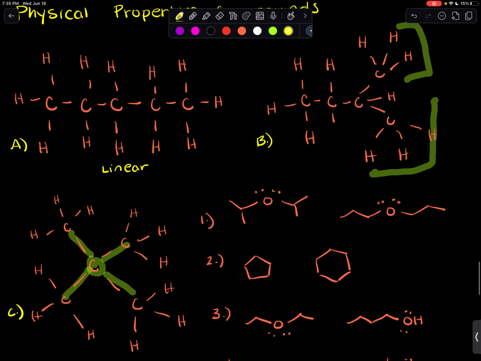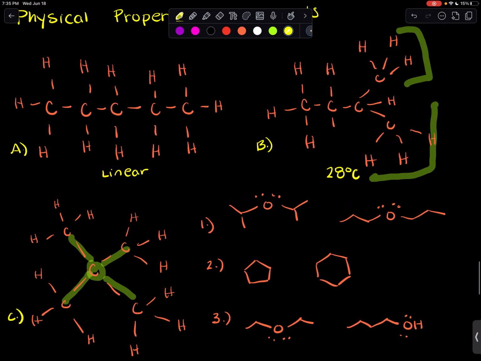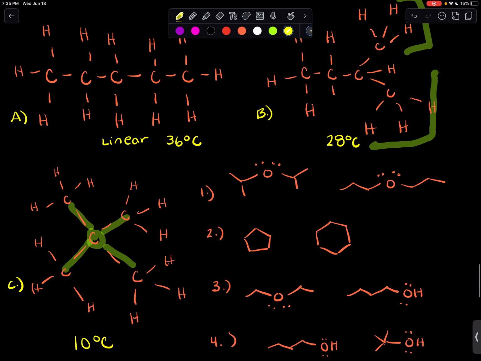Structure B, where you see some branching but not entirely branched, is going to have 28 degrees Celsius. And then the linear one is going to have the highest boiling point of them all, which is 36 Celsius. That has to do with the fact that it is more difficult for these bonds to disassociate as opposed to the ones that are completely branched.